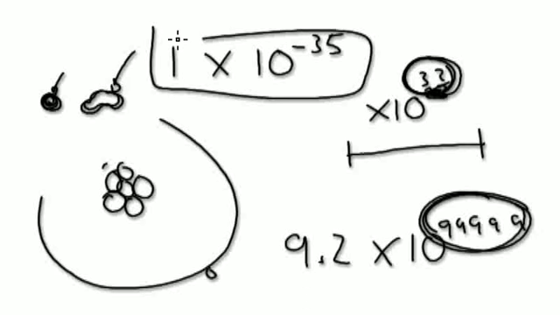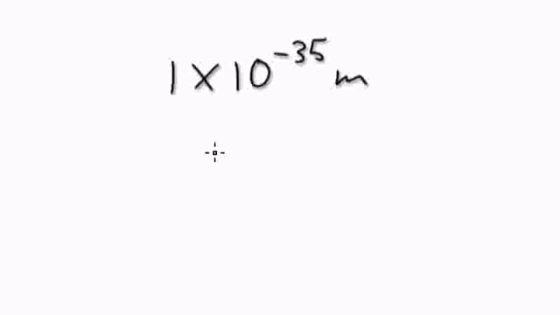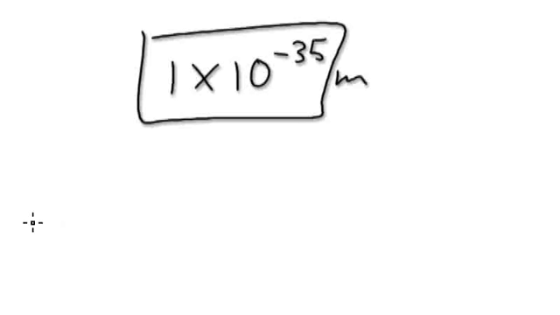Well, this string here is 1 times 10 to the minus 35. So what that means, hang on, 1 times 10 to the minus 35. So here, this is meters, okay? So that string there is this length, okay? So what that means is this. Hang on, I'm going to need 35 zeros in front of it, okay?